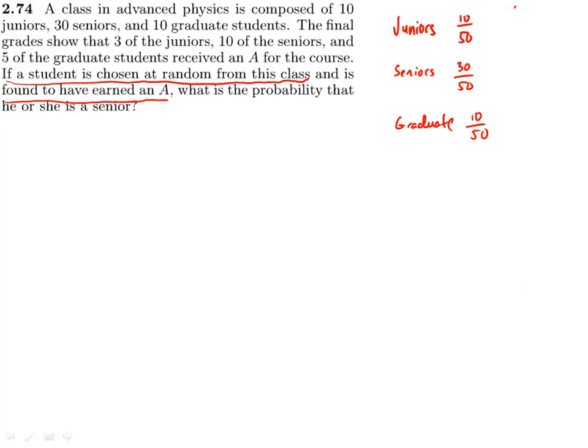Now, you also know how many of them got A's from the group. So juniors, 3 of them out of the 50 got A's. Then 10 out of 50 from the seniors. And then 5 out of 10.